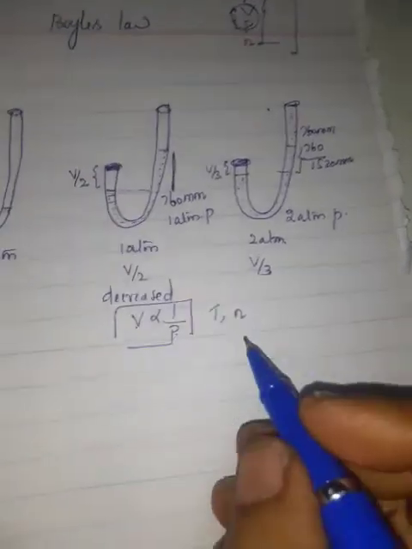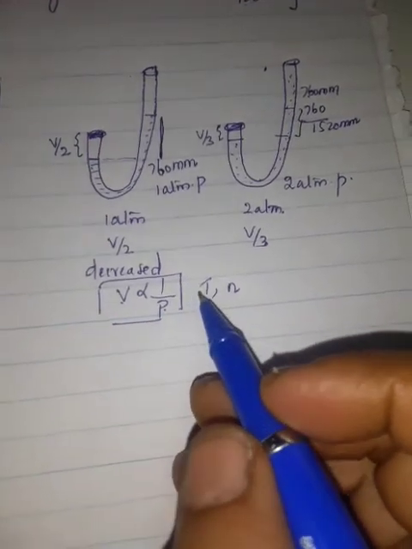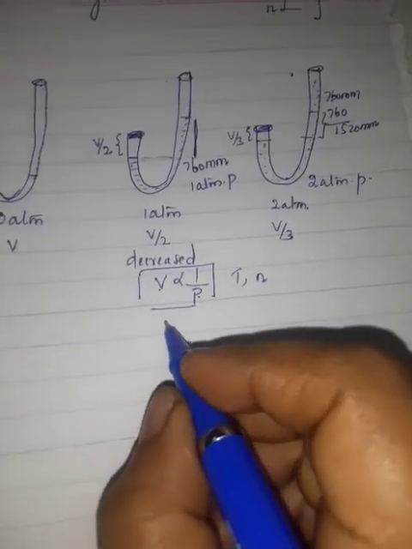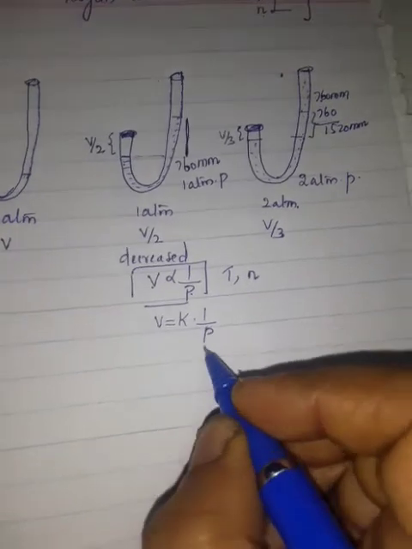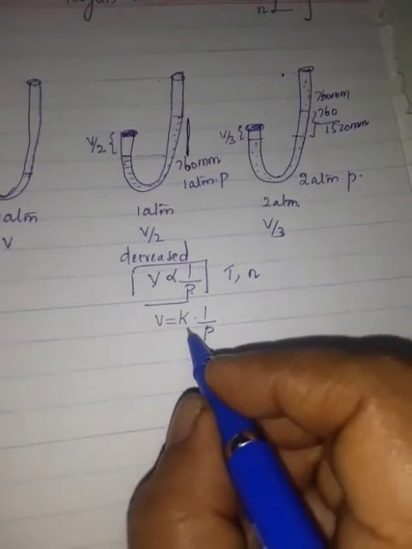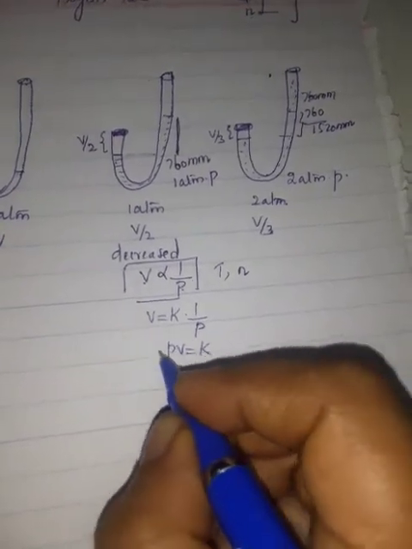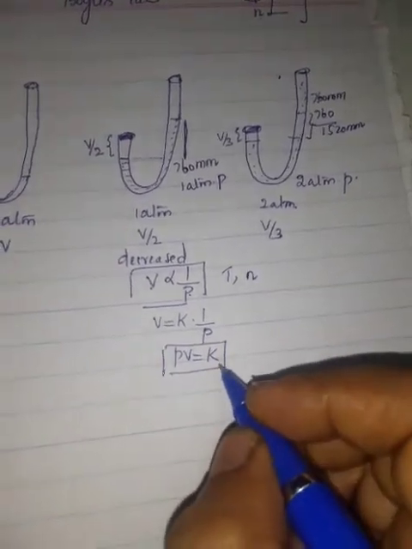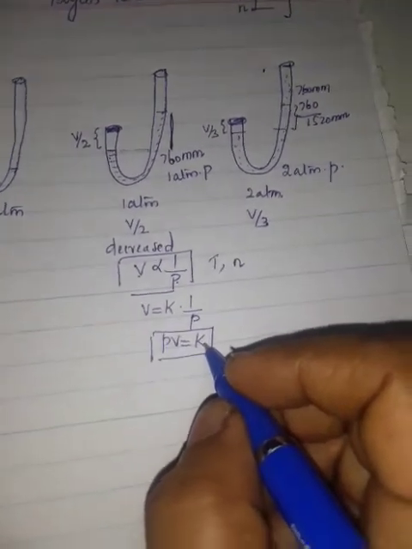Now by taking the proportionality sign, we can write V is equal to K into 1 by P, where K is the proportionality constant. This can also be written as PV equal to K. This relationship is applicable for all gases at low pressure.